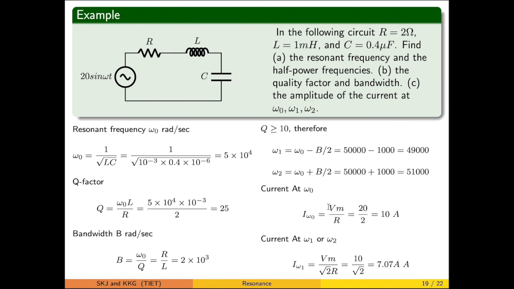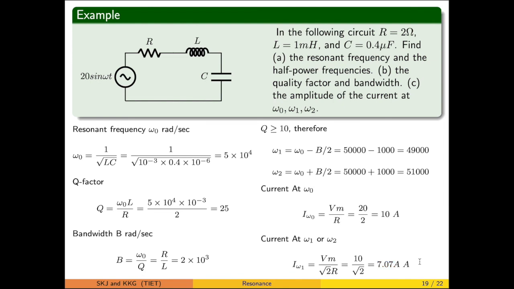The current at the resonant frequency is Vm upon R, so 20 by 2, 10 ampere. The current at the half power frequency will be 1 upon root 2 times the current at the resonant frequency, which gives us 7.07 ampere.